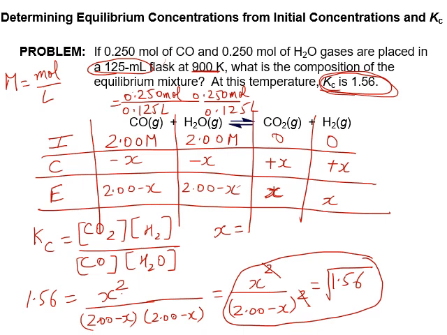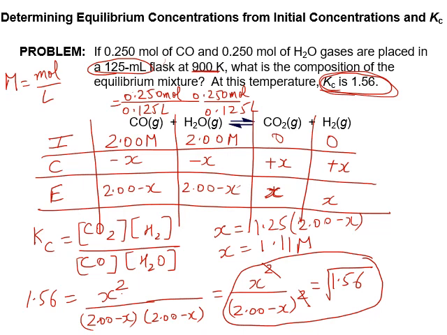Let me do this just in case. The square root of 1.56 is going to be 1.25, and because of this, multiply by 2.00 minus x. If you solve this, x is going to be 1.11 molar.